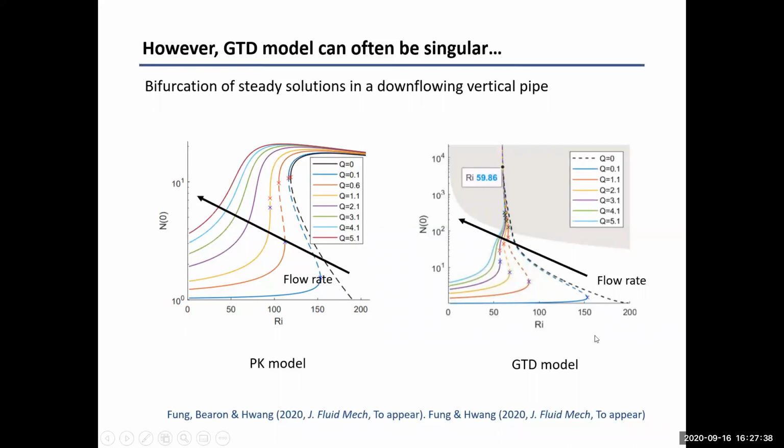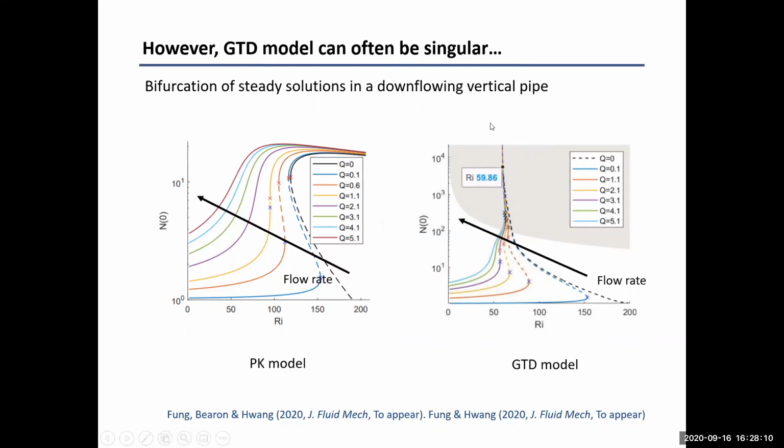On the other hand, if you repeat the same calculation with the GTD model, you see the same solution coming out, but it becomes singular. We initially thought something strange was happening in the GTD model, but we began to realize that this is probably corrective behavior, related to the fact that the continuum model we are using is not able to describe the dense regime of suspension.